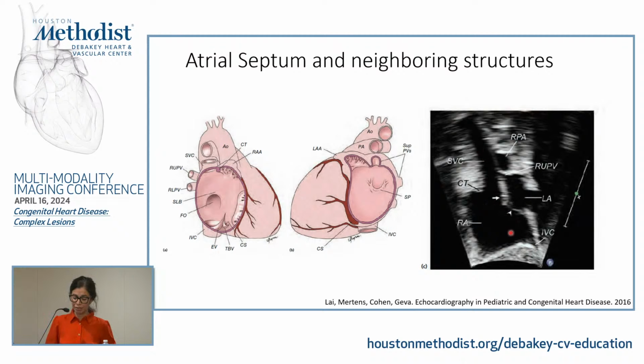This is a view of the right atrium. It's very similar to the bicaval view on TEE: you see the SVC, the IVC here, the interatrial septum, the LA, and the RPA and right pulmonary vein very close to the SVC, right?